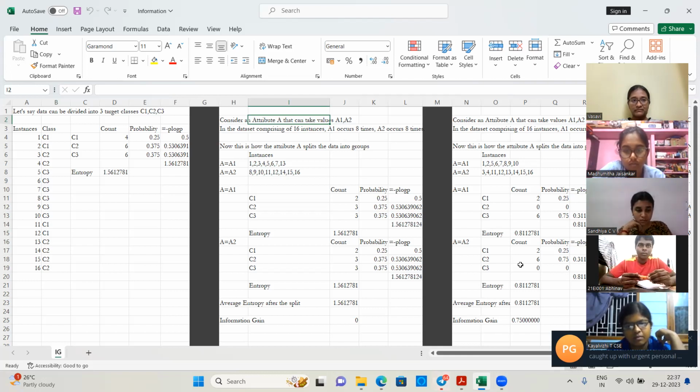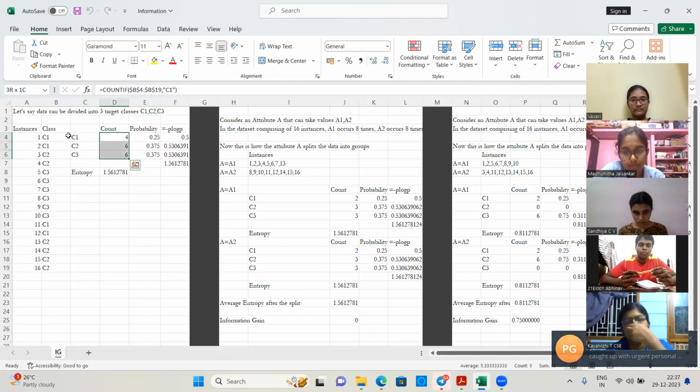So we understand that. And what we also understand is when we use any attribute to split the data, it's extremely important that the attribute splits the data in such a way that the distribution changes. If the distribution of data doesn't change, when I say data here, we're dealing with classes because that's our concern. So if you look at this case, you had 3 classes here, C1, C2, C3.